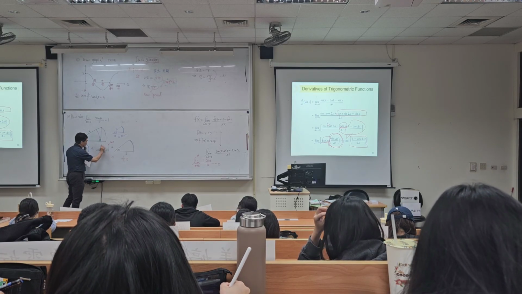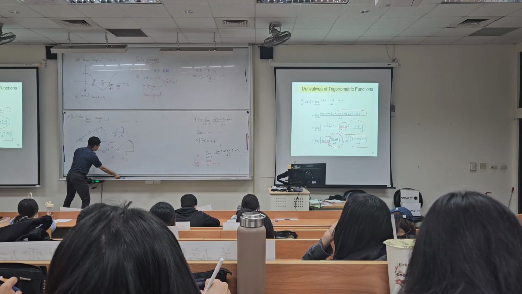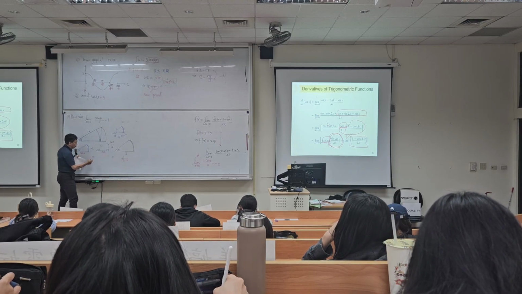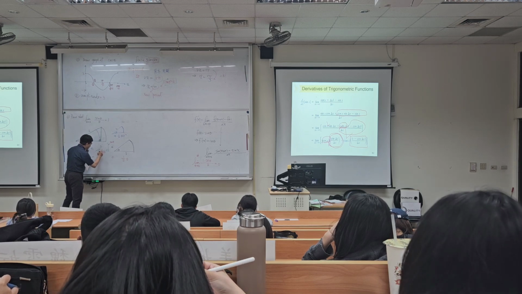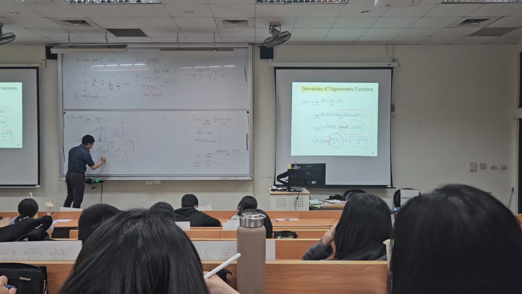So the area of this triangle will be equal to 1/2 sine theta multiplied by cosine theta.